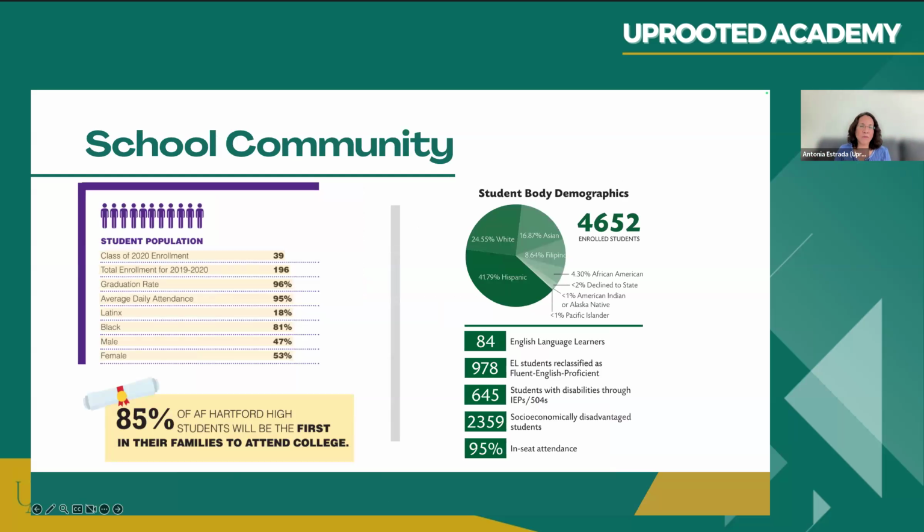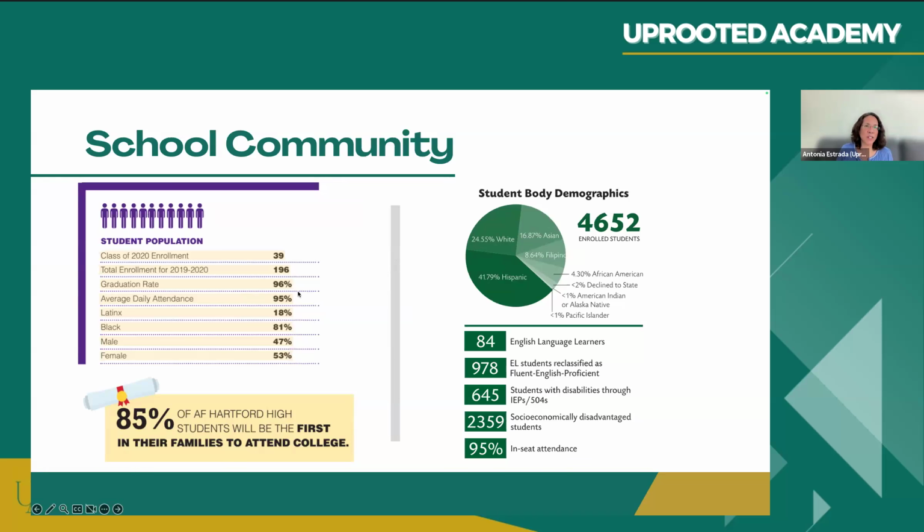So now we're going to look at the fourth component that we're going to look at today, which is school community or demographics. So you can see here a couple of examples of how 2 different schools have opted to do this. So in this example here to the left, they have percentages by race and ethnicity, and also by gender.